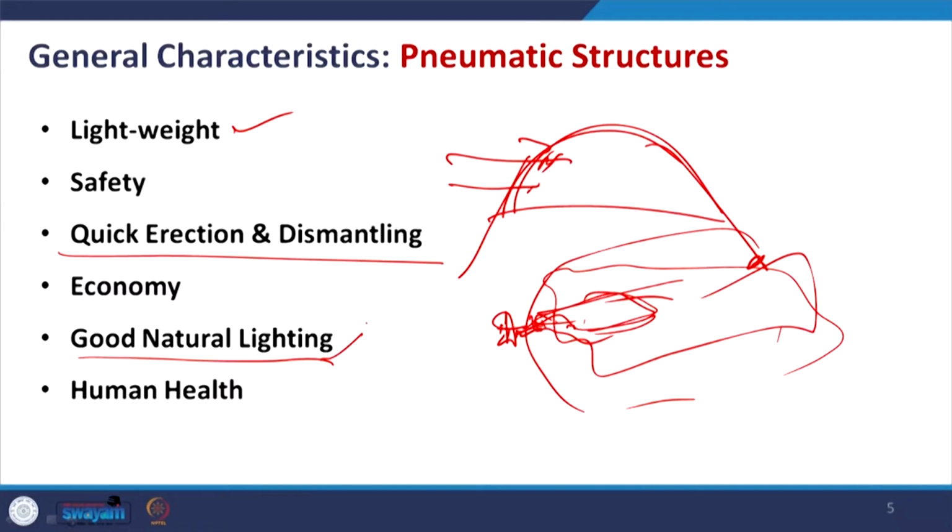Human health is an important case, because for maintaining the shape you have to give constant air supply. So, there will be some pressure difference, and those who are inside this structure should also get adjusted to the pressure difference between inside and outside. We cannot really increase the pressure so much, or make a vacuum, because it will put some effects on human health.